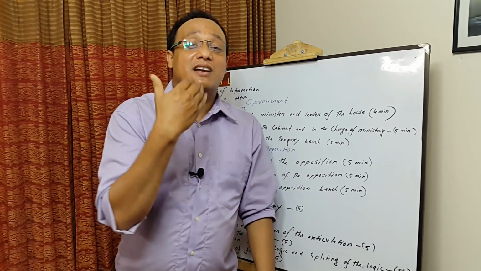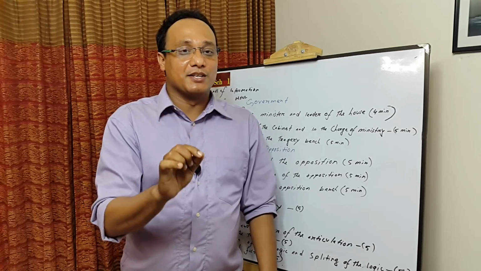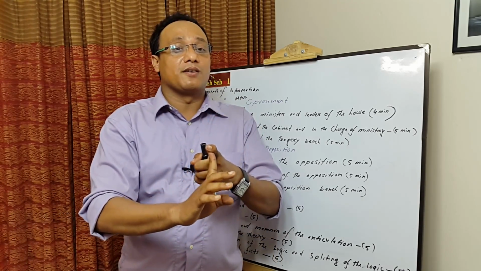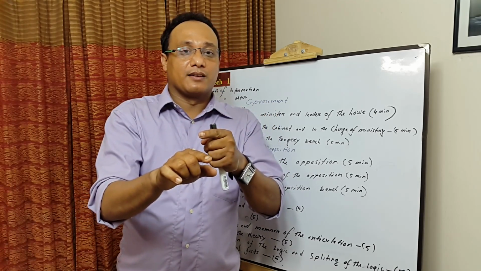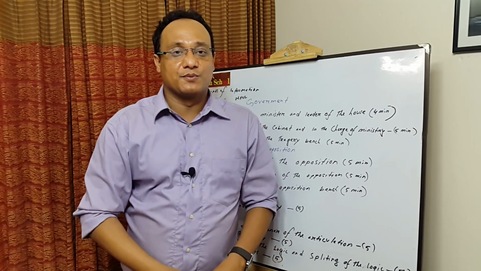In this way, you can raise your hand and say point of personal privilege. That means if any speaker attacks you personally, you can use a point of personal privilege.